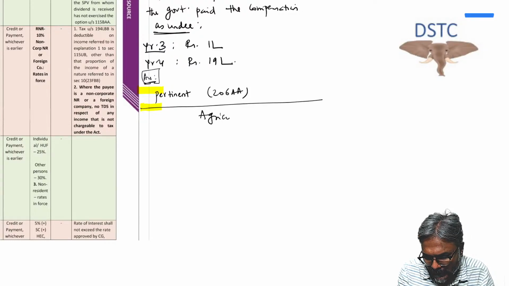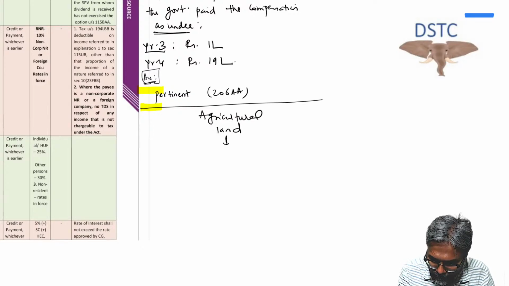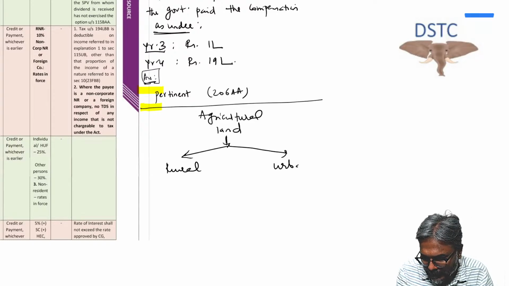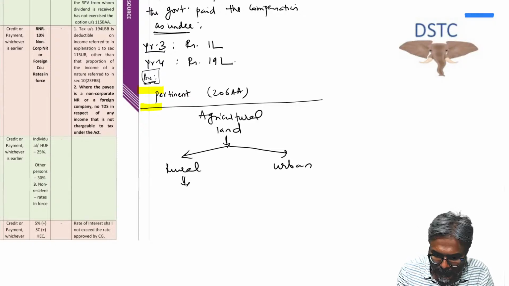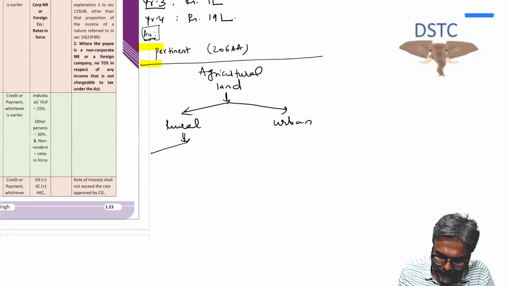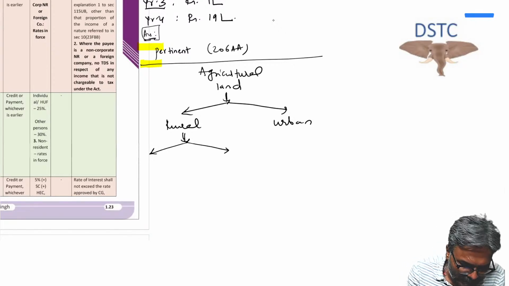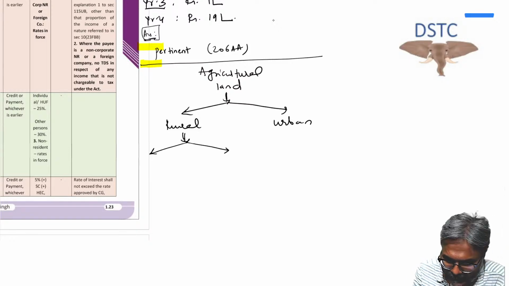Agricultural land: rural, urban. Very important note, students. You will appreciate these notes as well.